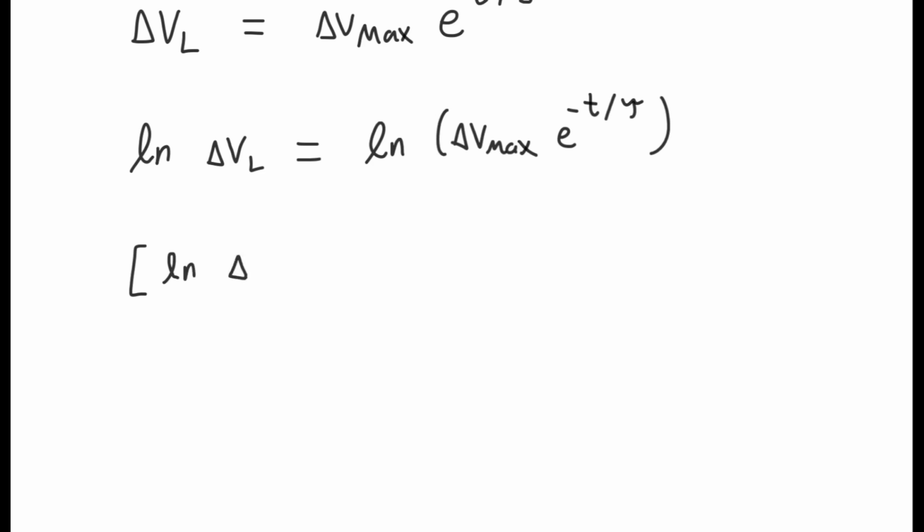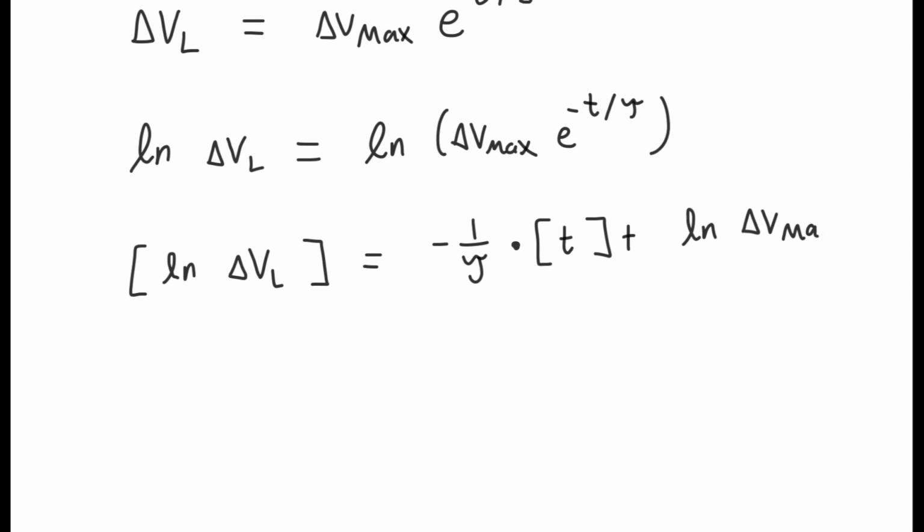So that's sort of our y variable, is natural log of delta V across the inductor. And then by splitting and using logarithm rules, we'd get -1 over tau times t plus the natural log of delta V max, because a product can be split via addition.